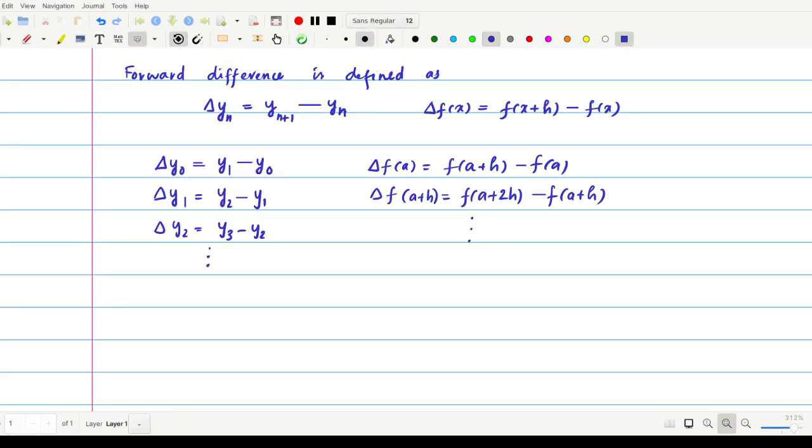If you repeat this process, the differences of the first forward differences are called the second forward differences.